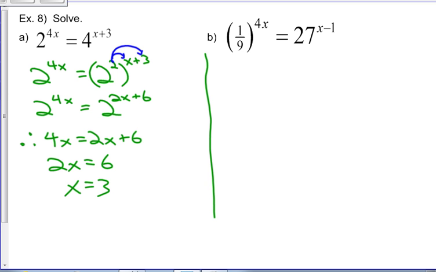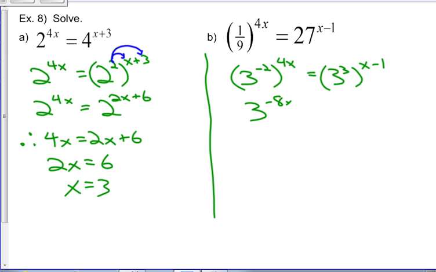It's a 3 that's flipped over and squared. That means it's a 3 to the negative 2. 27 is 3 to the 3. And notice that in this first step, all that I did was rewrite 1/9 as 3 to the negative 2 and 27 as 3 to the 3. Didn't try to combine any steps. And my experience has been that that saves a lot of pain.